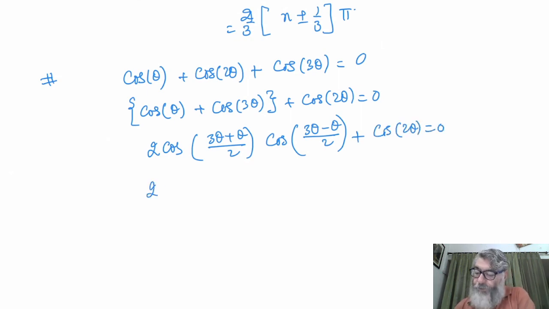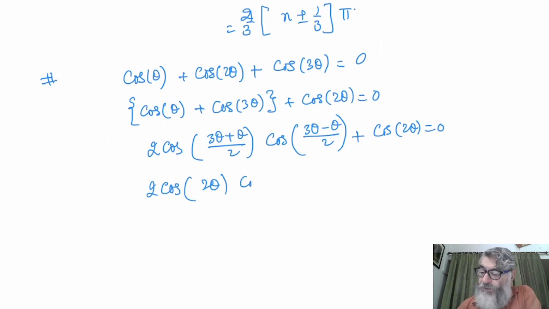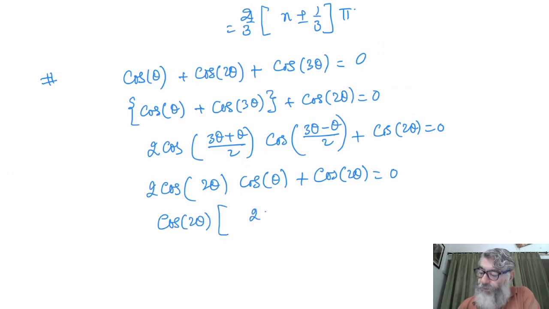It will become 2 cos 2 theta. 3 theta plus theta is 4 theta divided by 2 will give you 2 theta, and cos theta plus cos 2 theta is equal to 0. I can take cos 2 theta as common. It will be left 2 cos theta plus 1 is equal to 0.